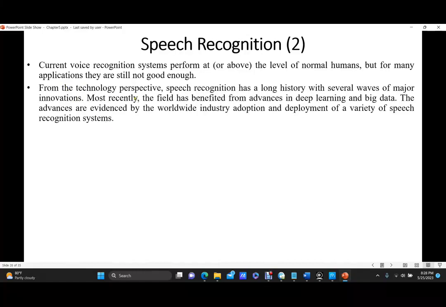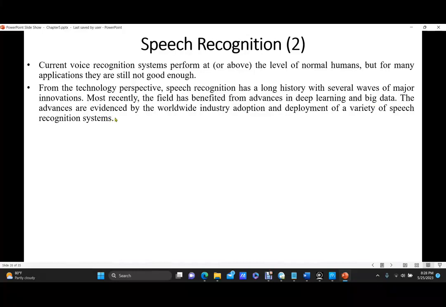From a technology perspective, speech recognition has a long history with several waves of major innovations. Most recently, they've been applying advances in deep learning and big data.